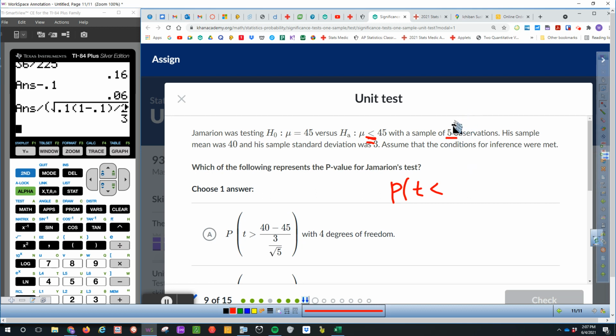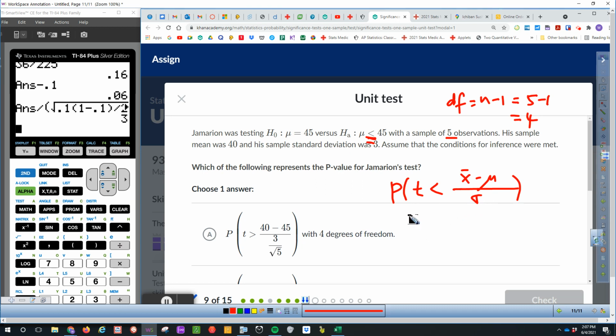The degrees of freedom is n minus 1, so here it is 5 minus 1, so the degrees of freedom is 4. The formula is x bar minus mu divided by standard deviation.